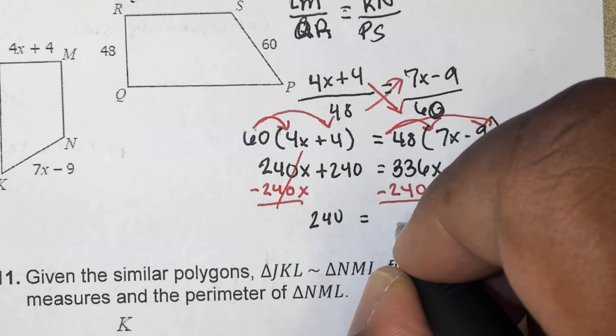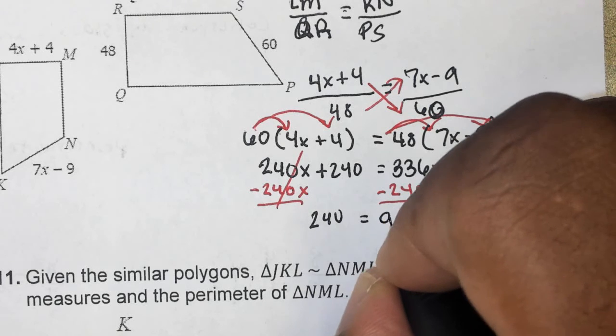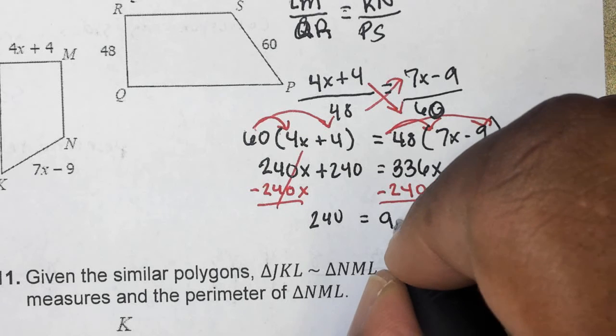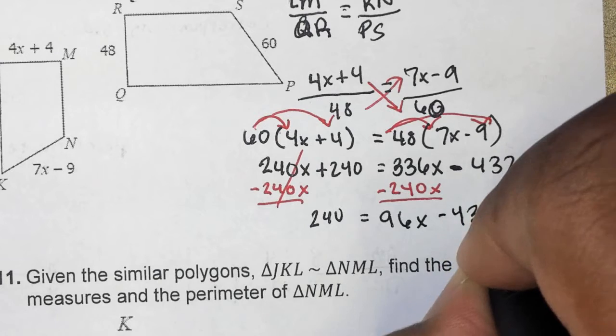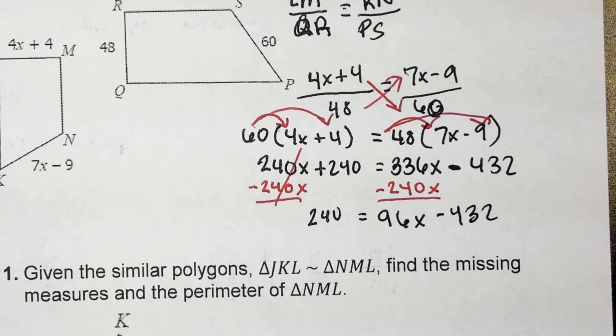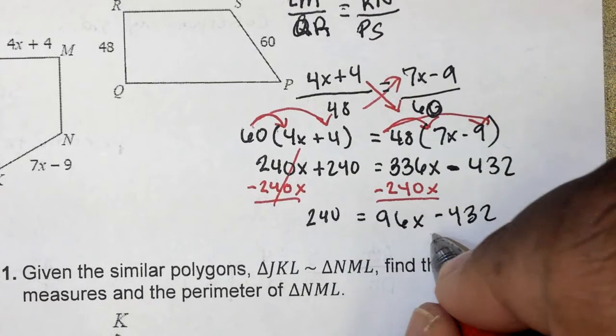It's weird to me. Oh no, it ain't. No, yeah, it is. I don't know why I don't trust it, but 96 minus 432. And then from there, add the 432.